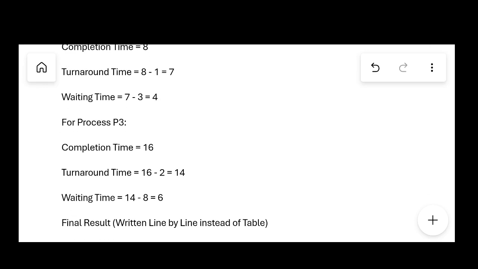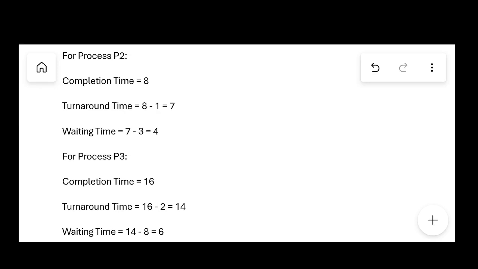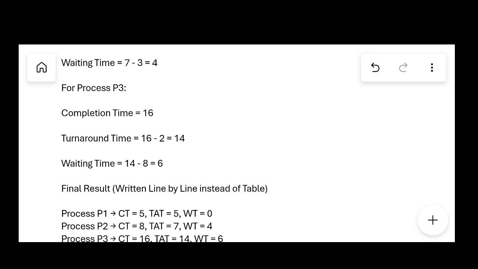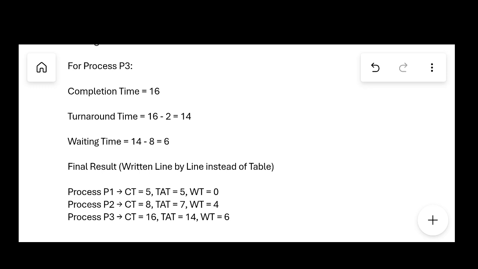And the turnaround time, the total time from arrival to completion. For P1 it is 5 minus 0, which is 5.